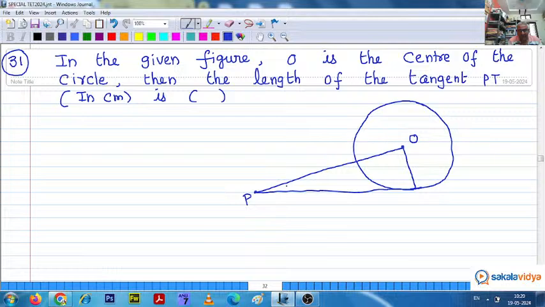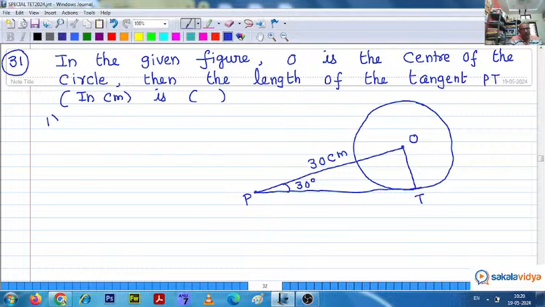Say this is P, this is 30 degrees. Now the PT we need to find out. And OP is given, that is 30 centimeters. The distance from O to P is 30. Then we need to find out PT. This is PT. The length of the tangent PT we need to find out.